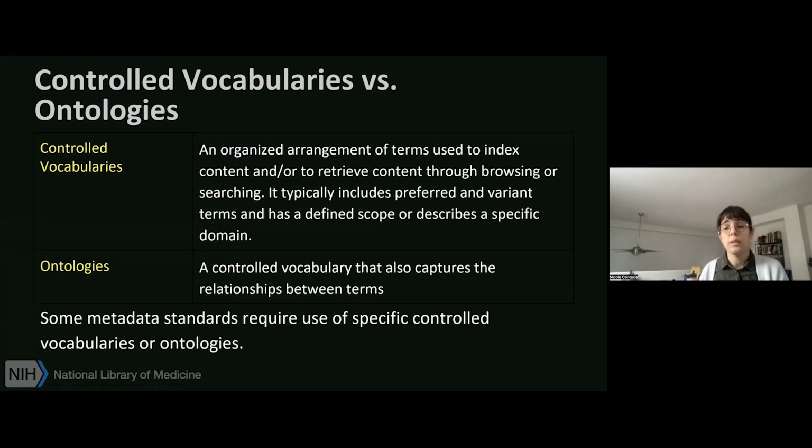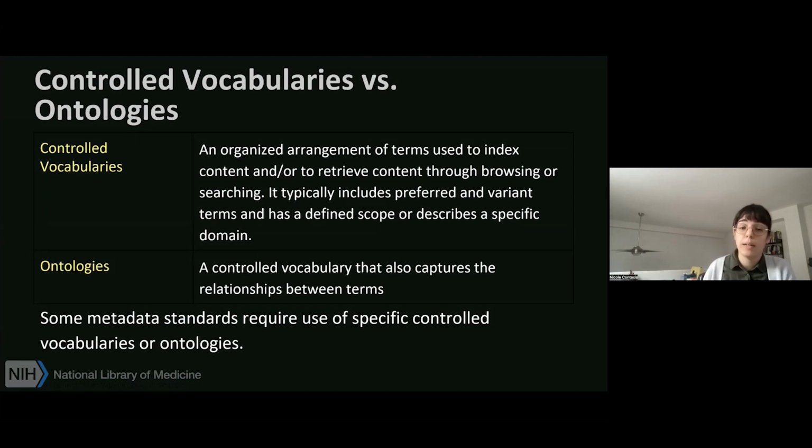Now, an ontology is a controlled vocabulary that also notes the relationship between those terms. So if we were, again, talking about two terms, chronic illness and diabetes, an ontology would have those two terms as well as the relationship between the terms, that one is a parent term of the other.